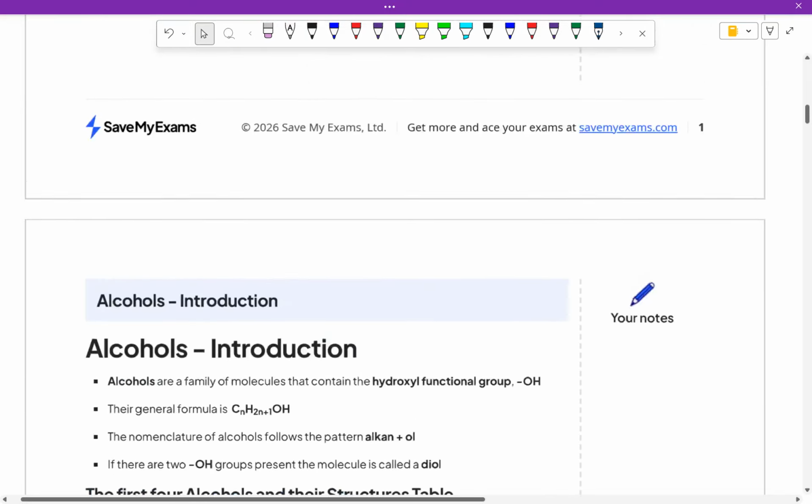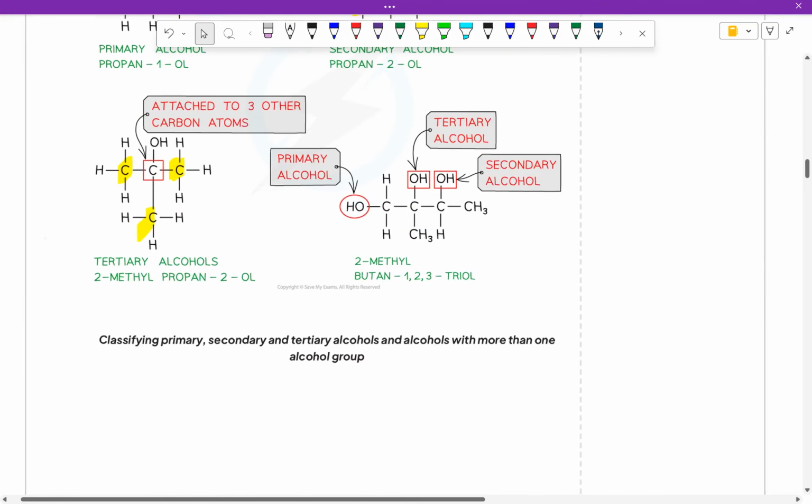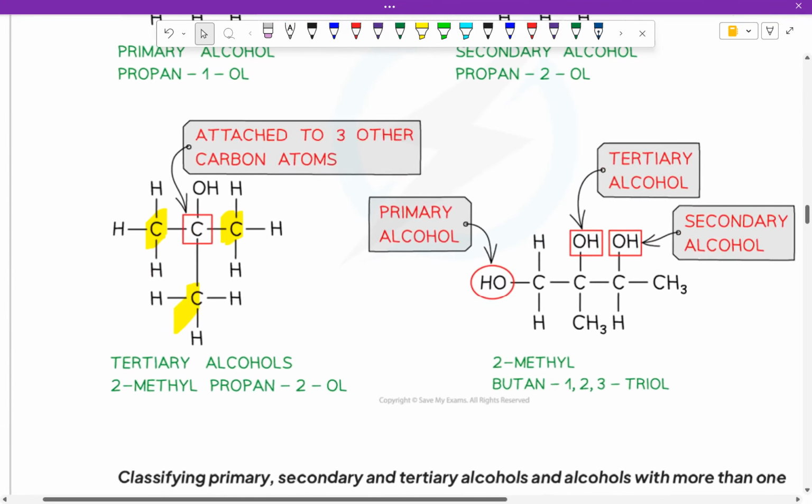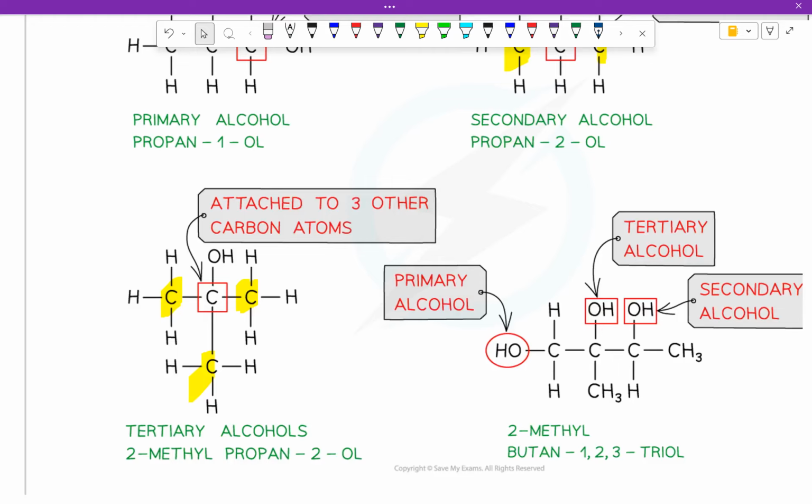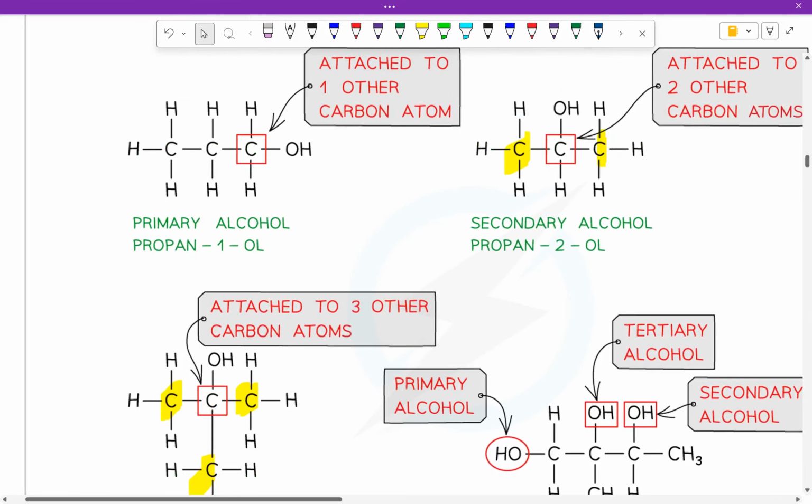The reason is simple. Let's have a look. Let me go back up. I think it will be a good referral. If I'm referring to this one, when it comes to the carbon that's attached to the alcohol, there is no hydrogen directly attached to the carbon in the red square. But in primary and secondary, there is. So what are the hydrogens that I have attached?